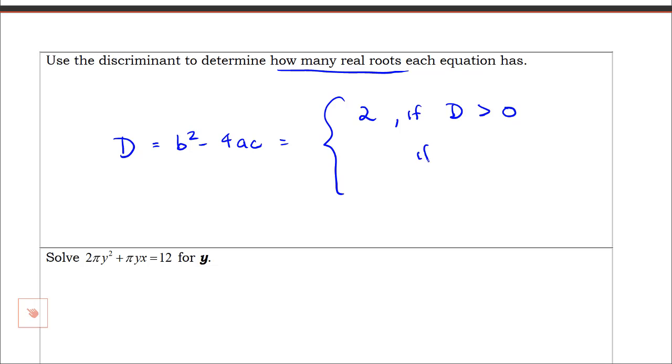If the discriminant equals 0, I get 1. And if the discriminant is less than 0, and I'm talking about just real solutions, then I'm going to get none. You're right, for those that know more, you will get 2 imaginary solutions. You're right. But here, we're just talking about real.